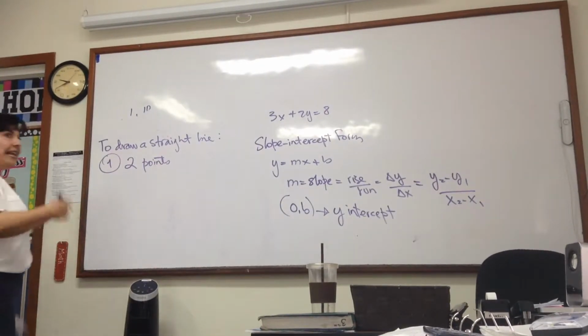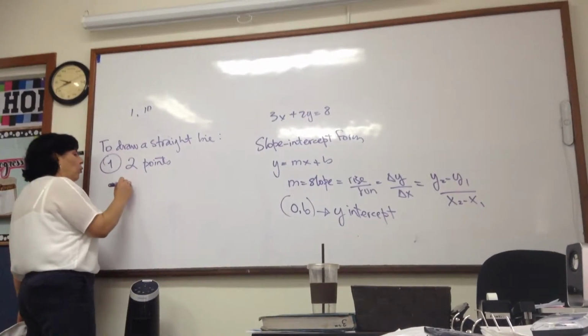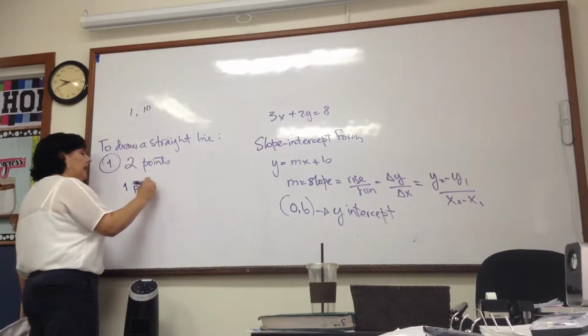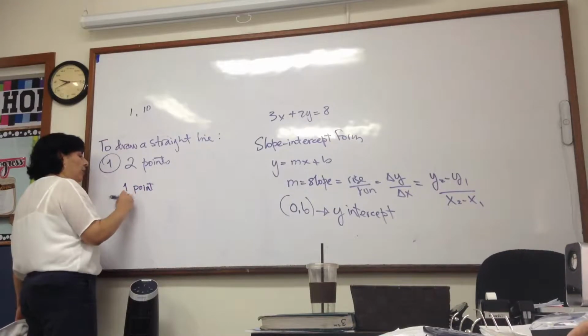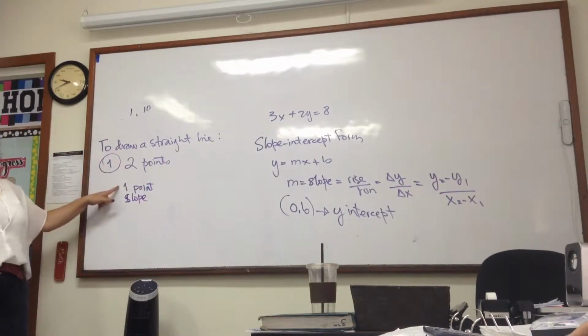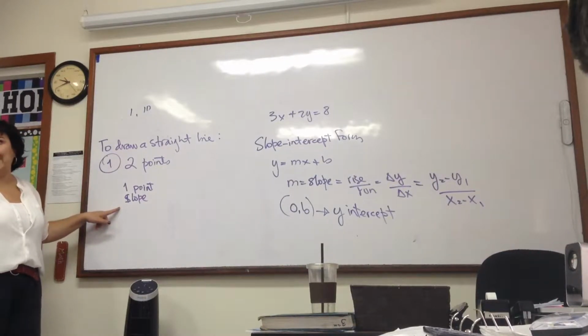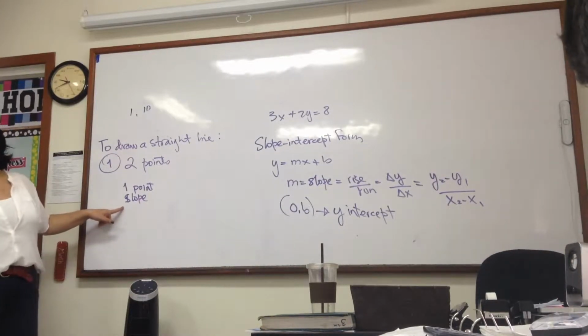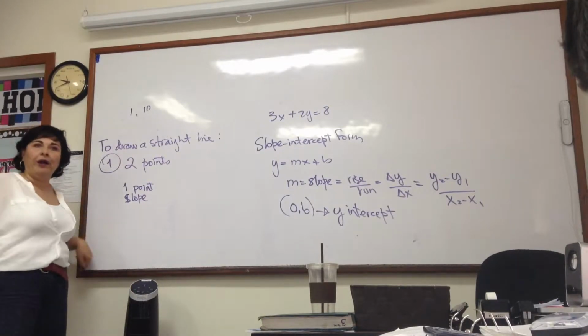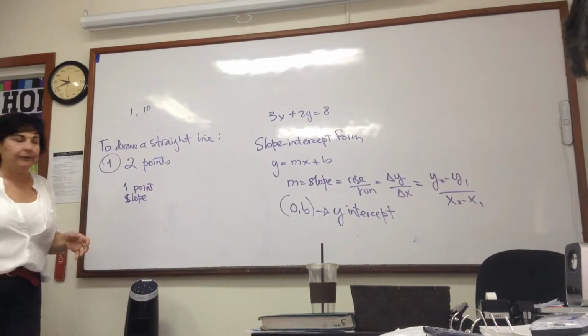Well, they can either give you the 2 points, or they can give you 1 point and the slope. If they give you a point and a slope, this would be your starting point. You apply the slope, which is a set of instructions on how to move, and you find the second point. Once you find the second point, you connect it with a ruler, and you've got yourself a straight line.